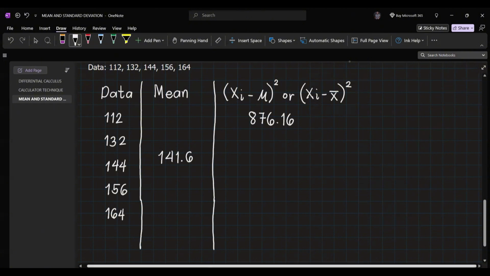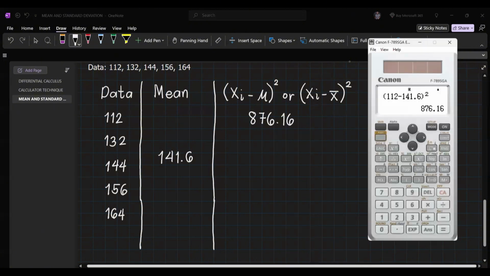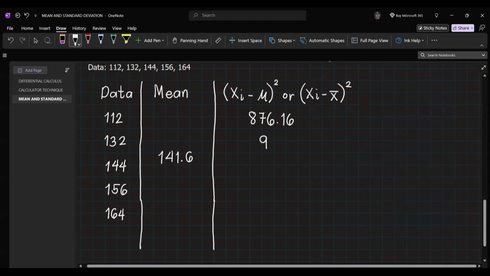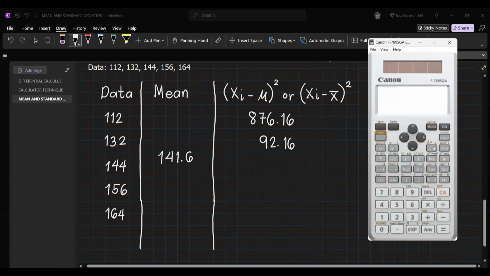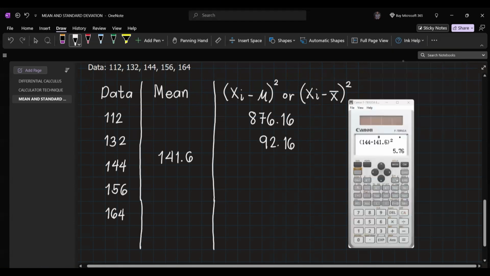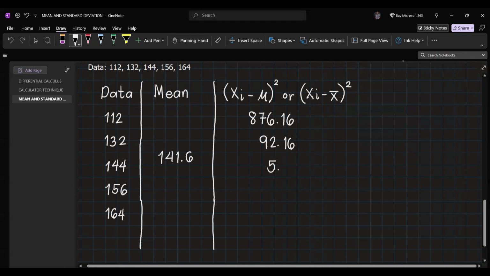And then, palitan natin to, 132: 92.16. Tapos, palitan na lang din ulit natin. 144 minus 141.6, 5.76.